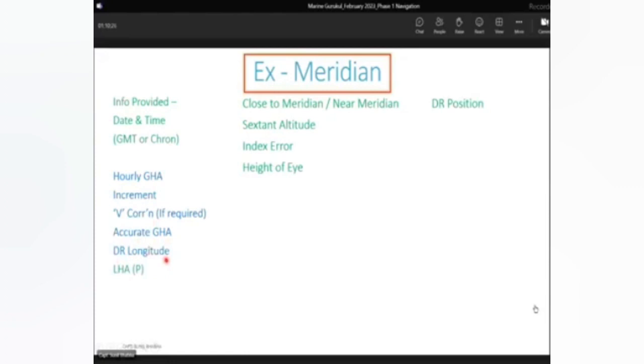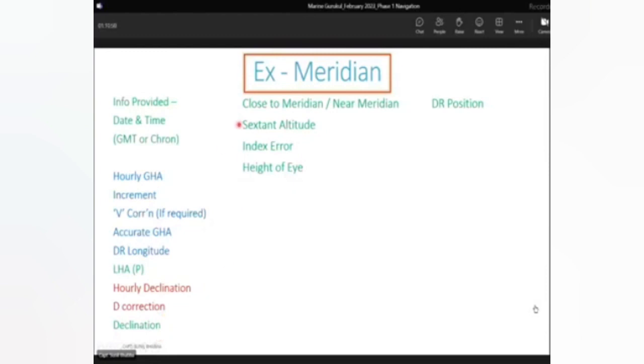We have the DR longitude available to us, and once applied to the accurate GHA, we get the LHA of the body, and this LHA gives us angle P. Now we obtain the hourly declination from the day page, we get the value of the hourly d correction, we check its increment from the increment table, apply it, and that gives us the accurate declination of the body. So this is the first step.